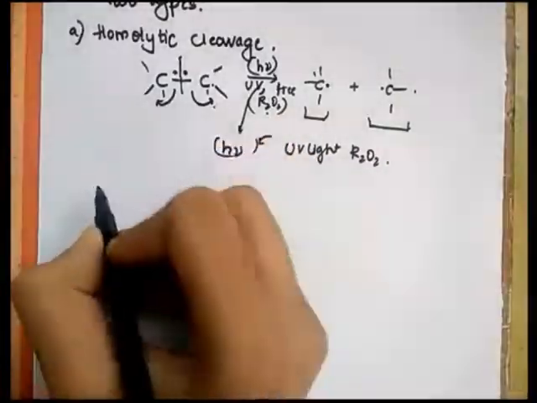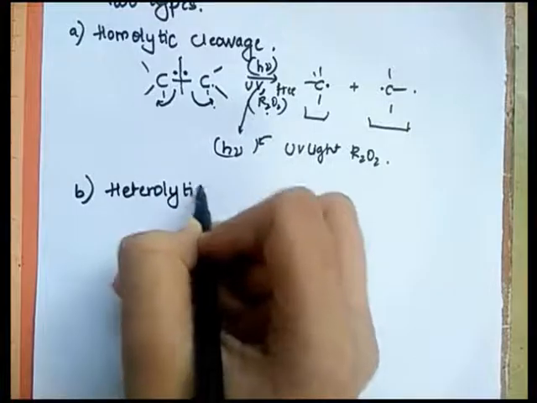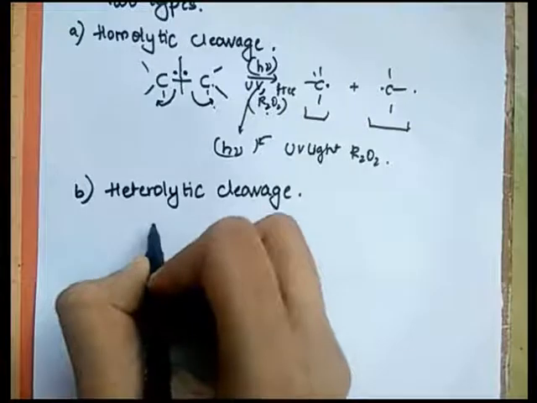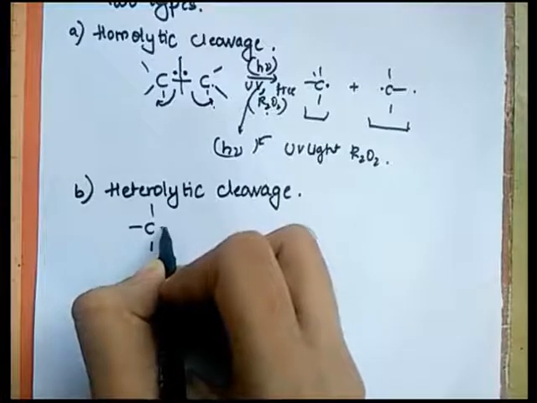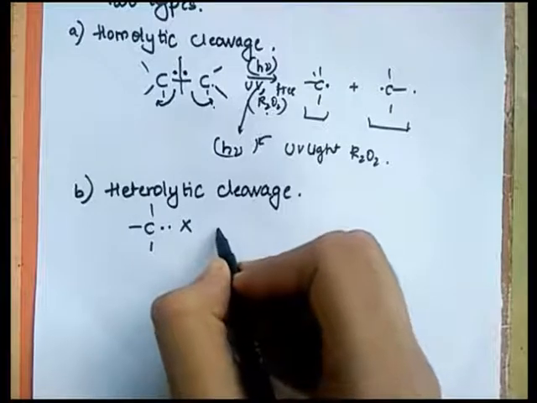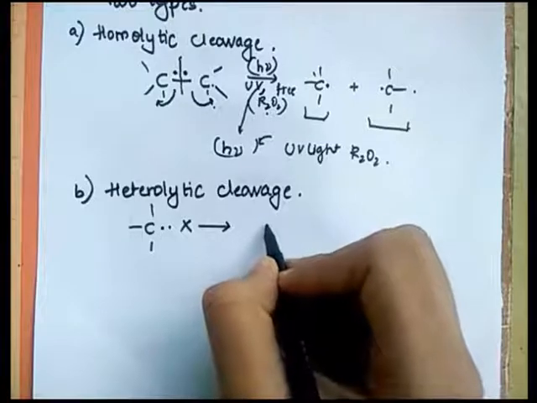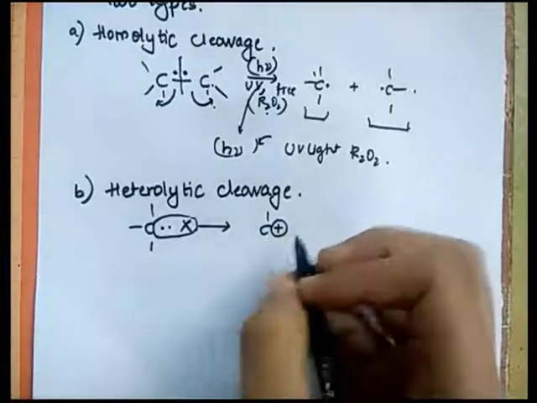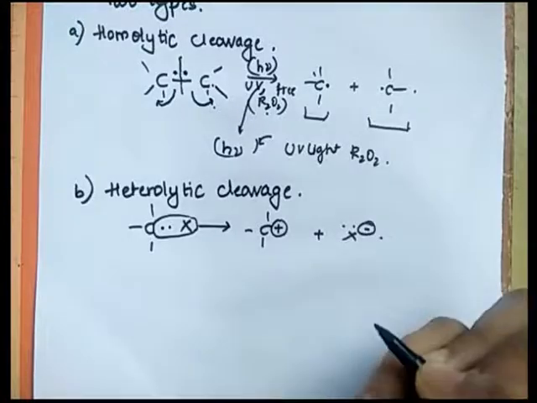The second type of cleavage is heterolytic cleavage. In this type of cleavage, the electrons from a bond are completely lost or completely gained by the atom. If it is cleaved heterolytically and loses its electrons, then it becomes a cation and the other atom will become an anion.